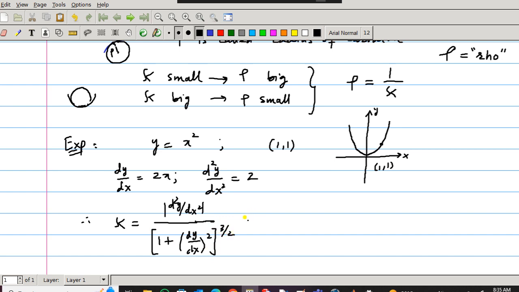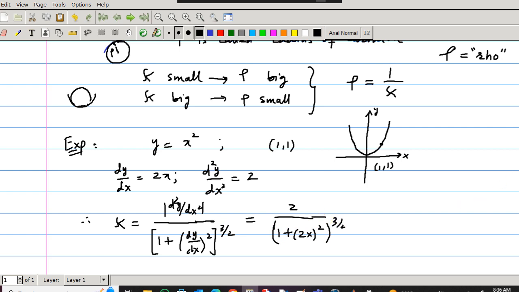So if I replace, now the second derivative is 2, and there is no need to take the absolute value, right, because it's already positive. So something is positive, no need to take the absolute value. So 1 plus dy by dx, which is 2x, square and power 3 by 2.